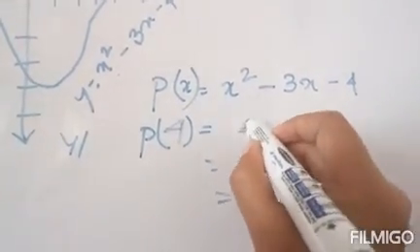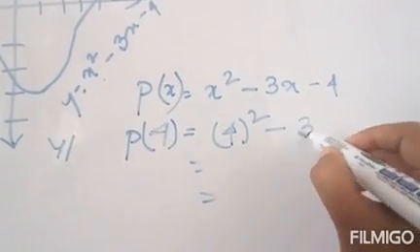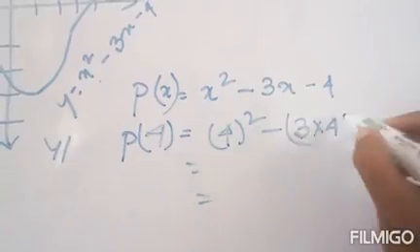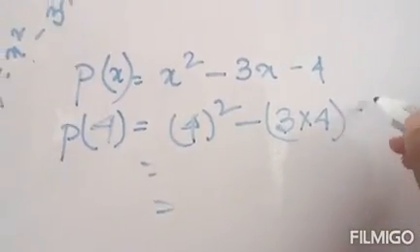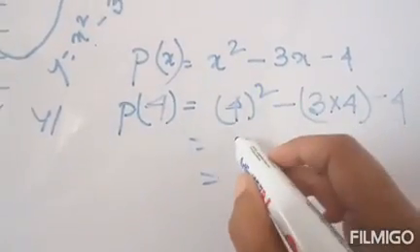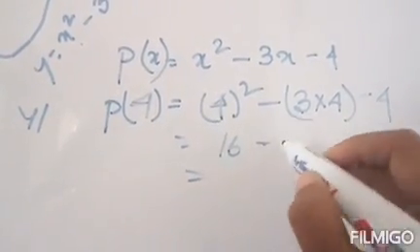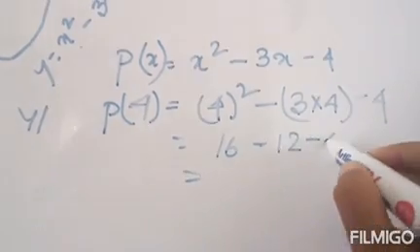So this will be 4 square minus 3 into 4 minus 4. 4 square means 16, minus 12, minus 4.